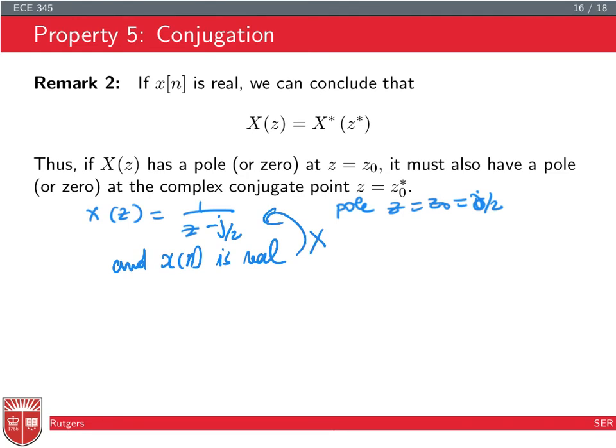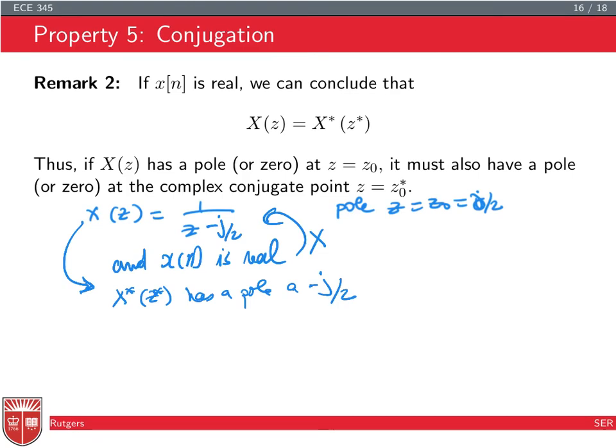Why is that? Because we know that if x of z has a pole at j by 2, then x star of z star has a pole at negative j by 2.